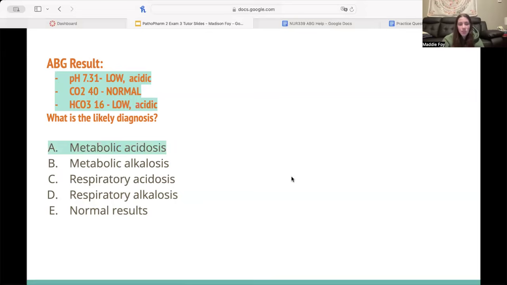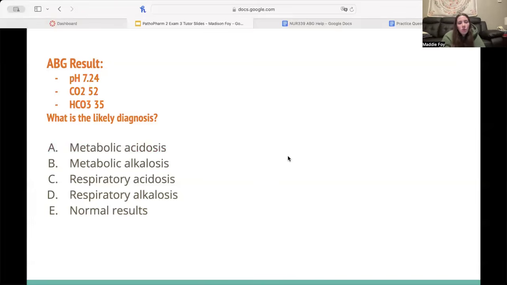Again, you look at that pH, you say, great, that's low. My carbon dioxide, that's normal. So does my bicarb explain the finding? Yes. A bicarb being low indicates acidic, so those now match. So when your bicarb matches your pH, that's metabolic, and then you determined it was acidosis. If your carbon dioxide matches your pH, it's a respiratory imbalance.